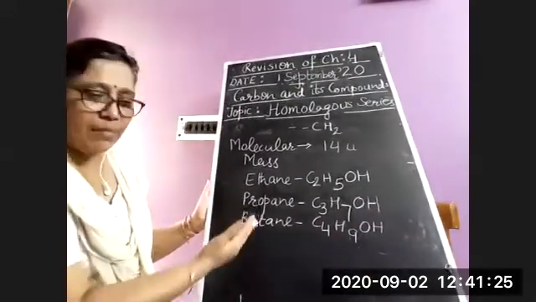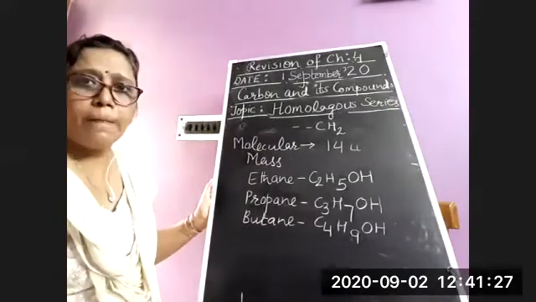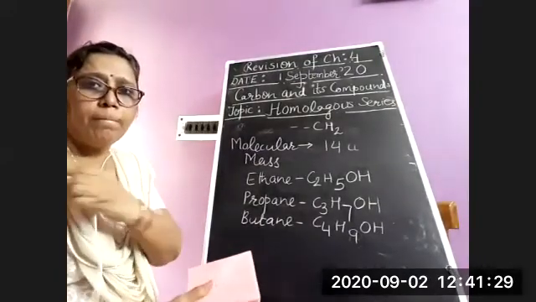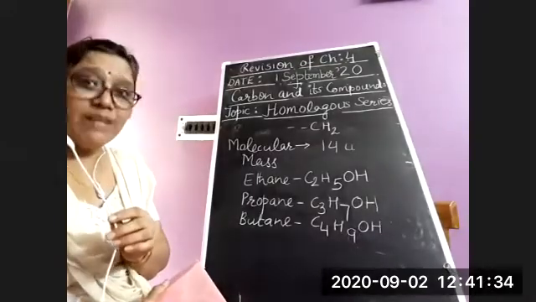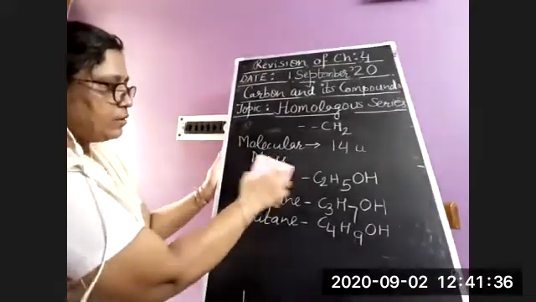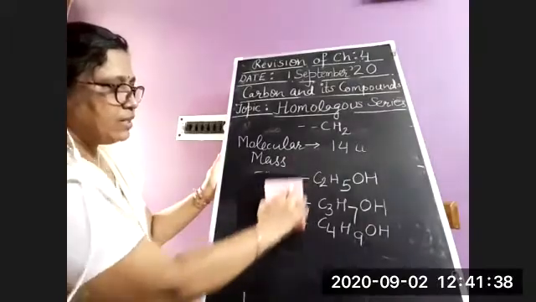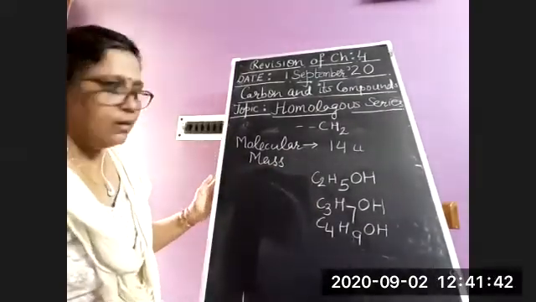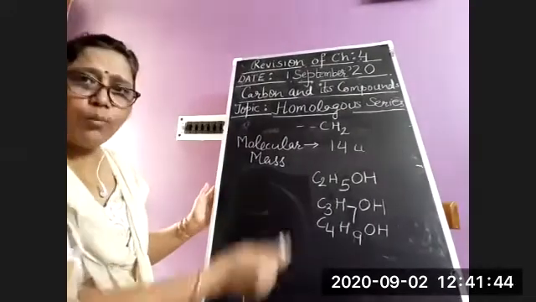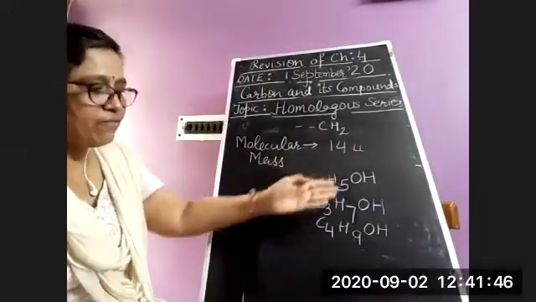Will the name remain the same? No. Names will also change, right? So their names will get changed, which is a separate topic we will discuss in detail in the next class. So these groups of atoms have the same functional group.